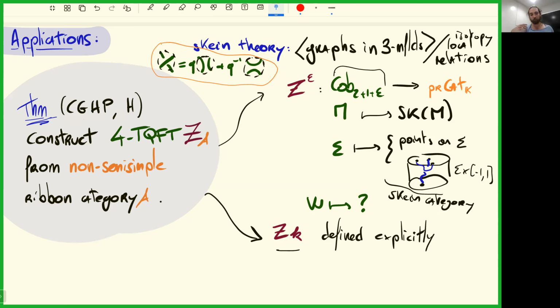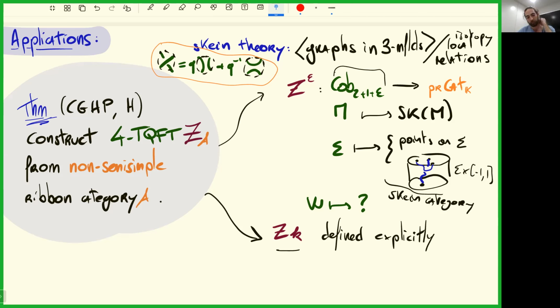This is exactly because you're not once extended, and so you cannot talk about the handle in itself. The handle in itself is a cobordism with corners, and you cannot talk about the cancellation of handles because again it involves corners.